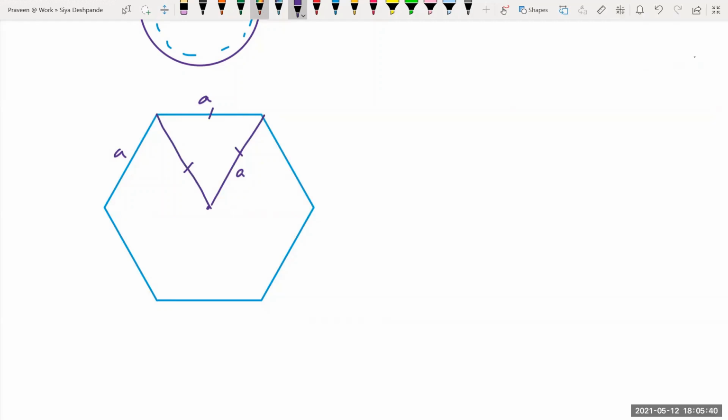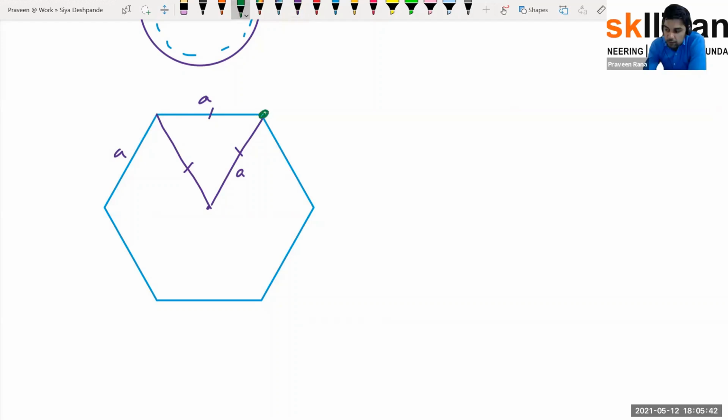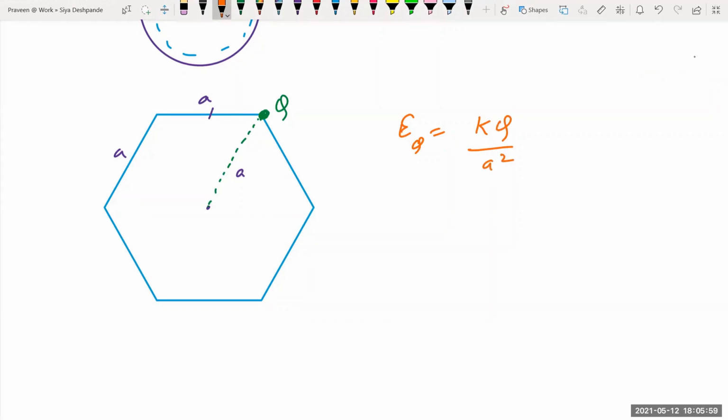Now, in the above question, there was a charge missing from this corner. So the electric field due to this charge Q would be KQ over A square, right? Yes. And what would be the direction? Along this line, in this direction.